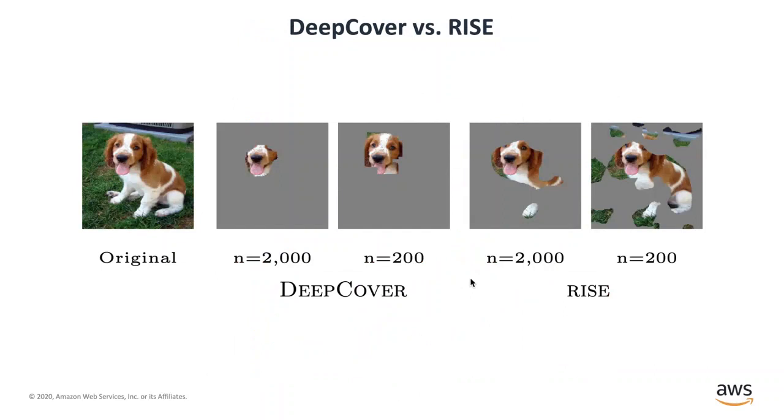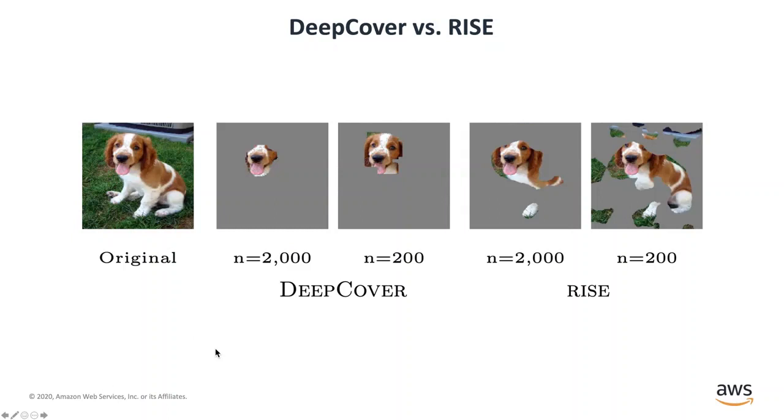Just to give you an idea of what the difference could be between tools or algorithms, what you see here is a number of samples taken from the classifier. N is the number of times you query a neural network, and then you see the resulting explanation being given. On the right-hand side, you have RISE, which is one of the competing tools. On the left-hand side, you have DeepCover. On the very left, you have the original image.